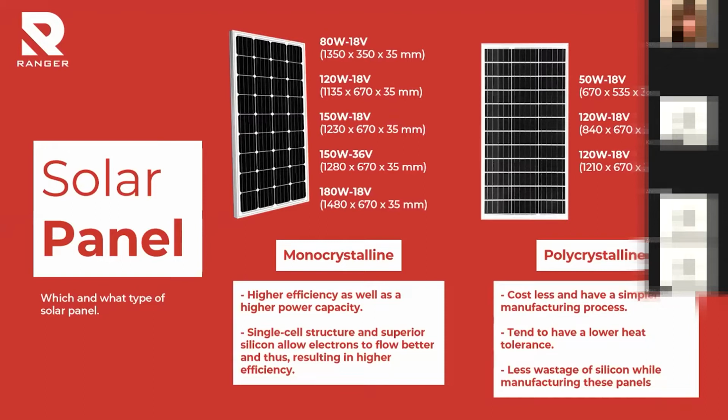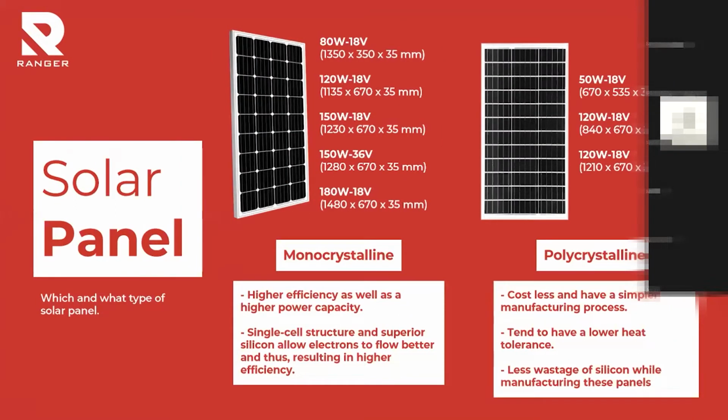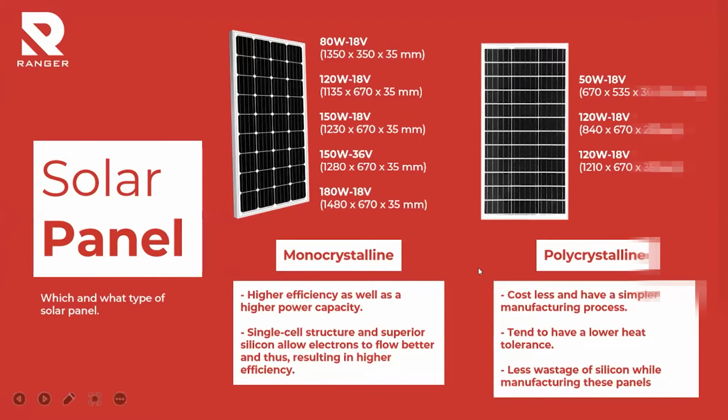Between these two, the crystalline purity of mono is higher than poly solar panel. The difference is monocrystalline has higher efficiency as well as higher power capacity. It is a single cell structure and superior silicon allows electrons to flow better and results in higher efficiency.